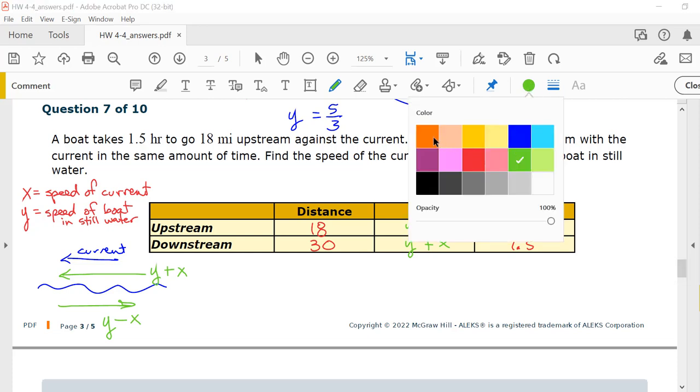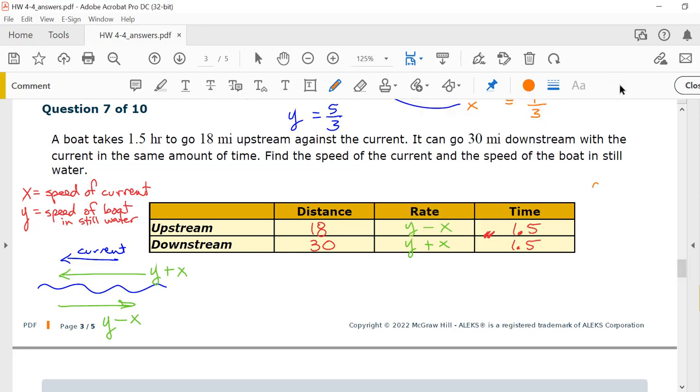Okay, we know that distance equals rate times time, right? So time is equal to distance divided by rate. So let's solve, time for upstream. I know that 18 equals y minus x times 1.5.